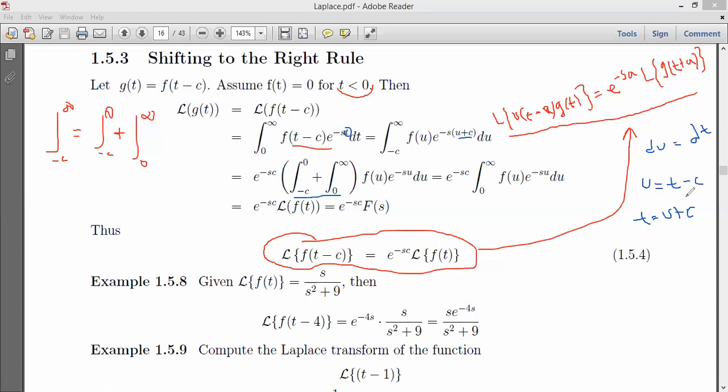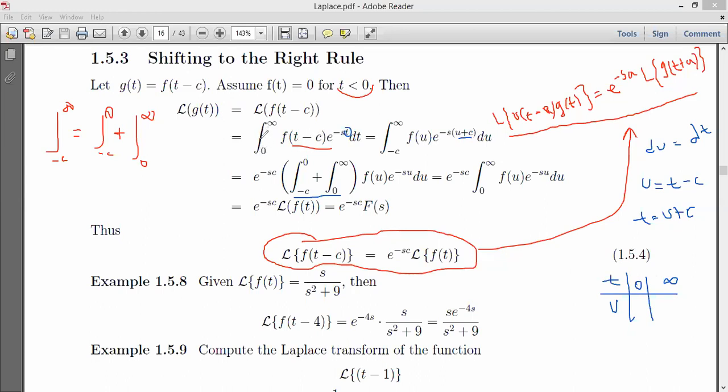And if you throw in the limits, you have your limits. I'm sure you are also bored because we have already done this. So if you are moving from 0 to infinity under t, that was this one here.